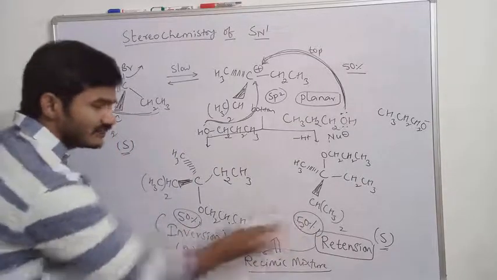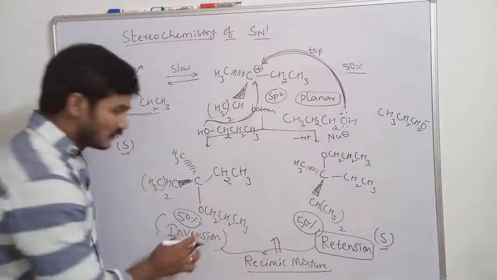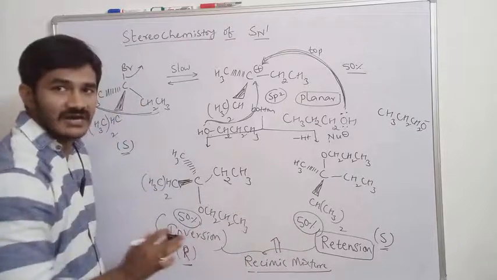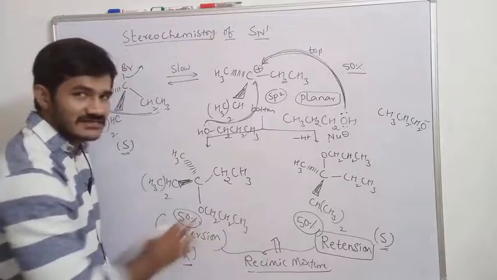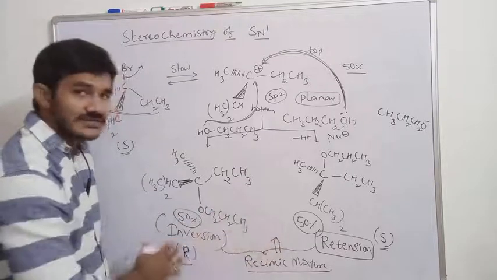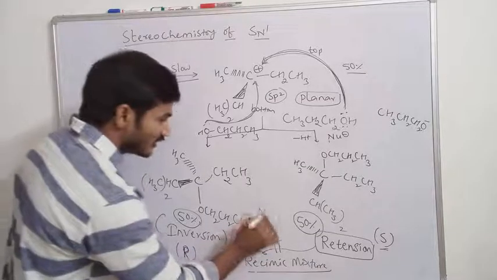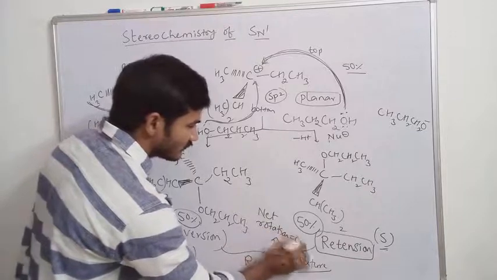When both are having 50%, that is said to be racemic mixture. The equimolar concentrations of the retention and inversion are said to be racemic mixtures. For a racemic mixture, net rotation is equal to 0.